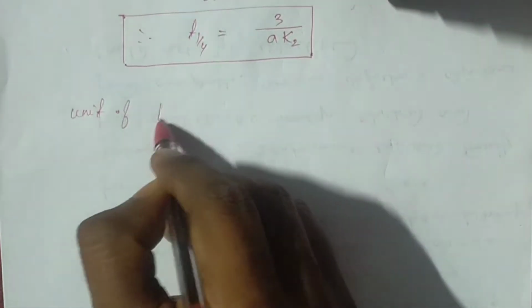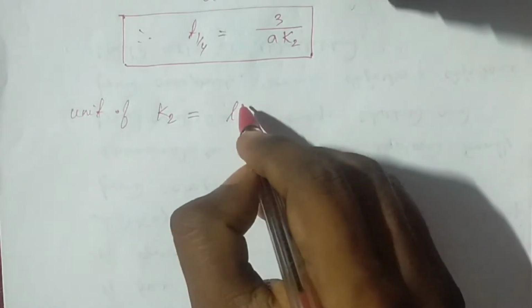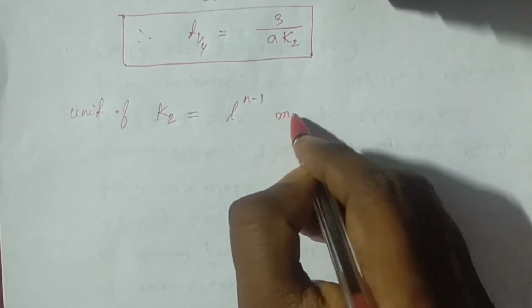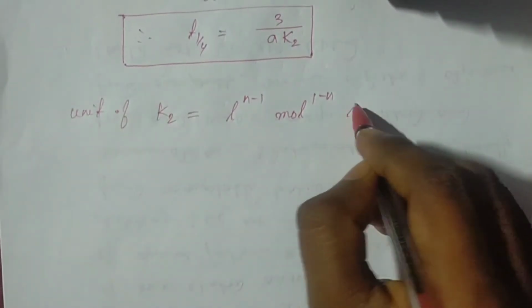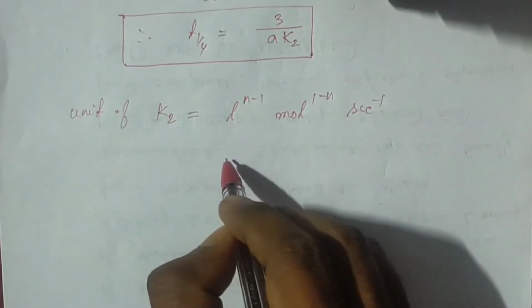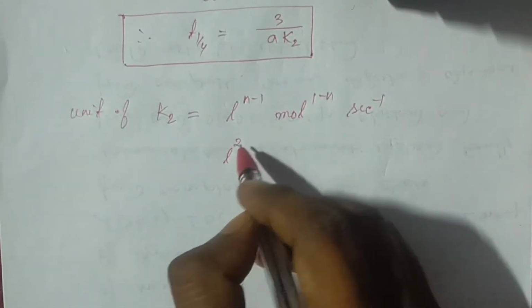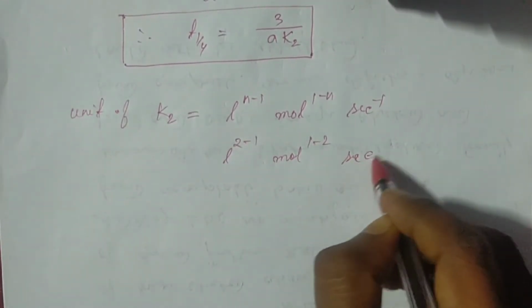And the unit of rate constant for second order reaction, the unit of k2. If we put in the general equation, L to the power n minus 1 mole to the power 1 minus n second inverse, and we put here n equal to 2, it will be L to the power 2 minus 1 mole to the power 1 minus 2 second inverse.